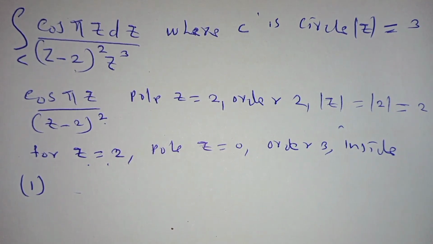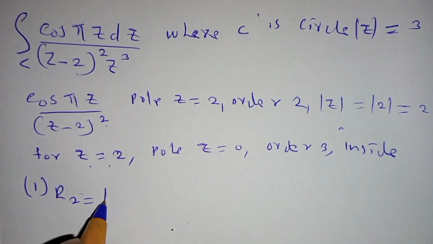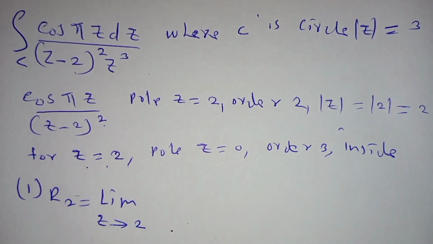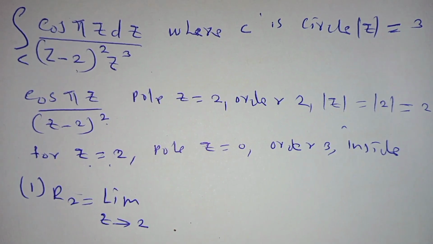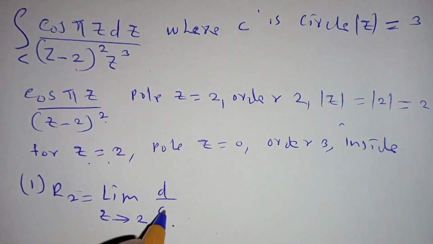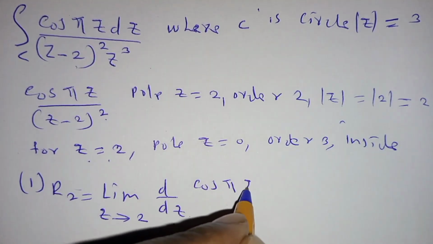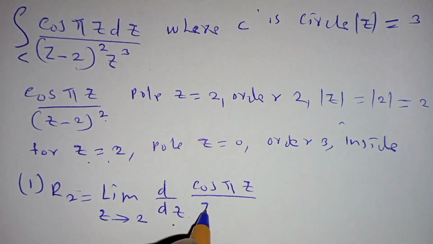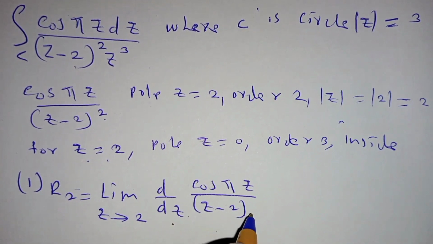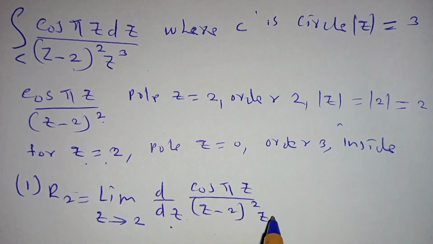We get the residue. R of 2 will be given by the limit as z tends to 2 of the first derivative with respect to z of our given function, cos of pi z divided by z cubed.